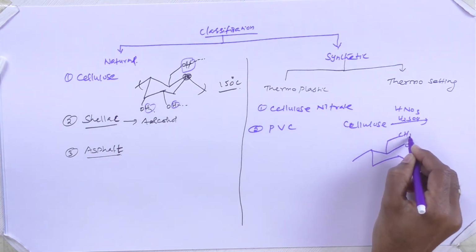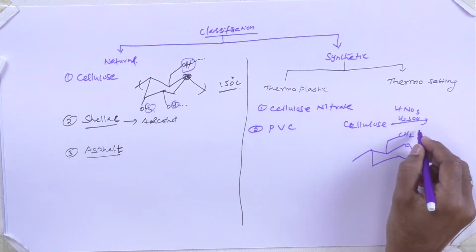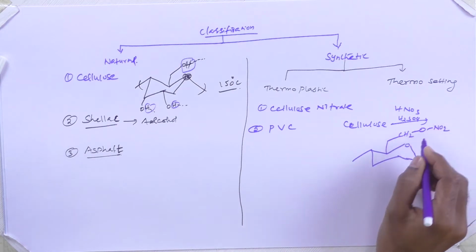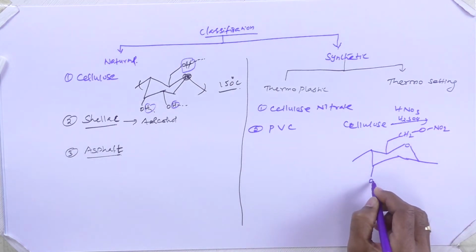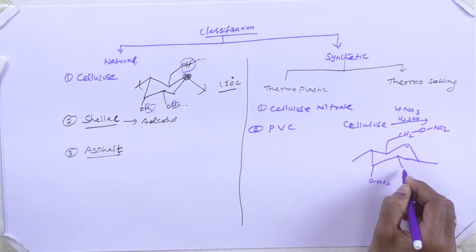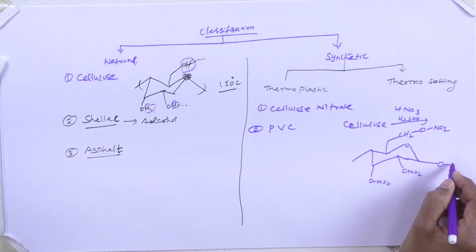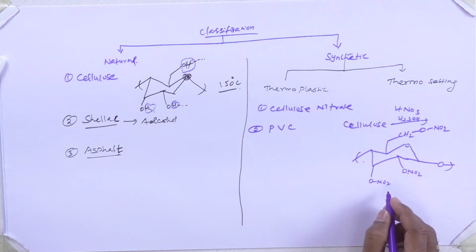So CH2OH, this hydrogen will be replaced. In place of that, NO2 will come and attach over here. Here also one NO2 will come, and here also one nitro group will come and attach. And this is called cellulose nitrate.